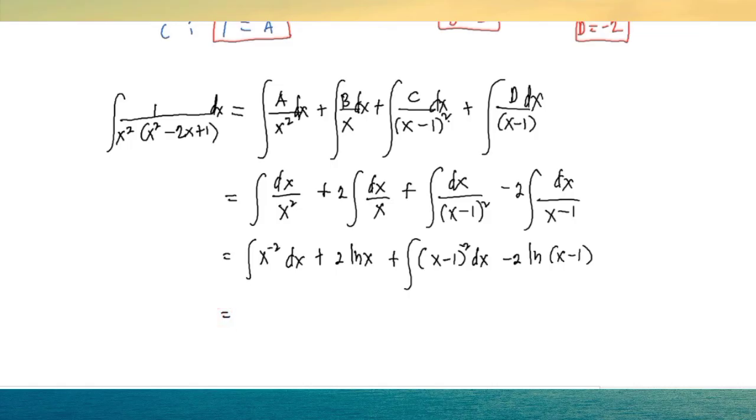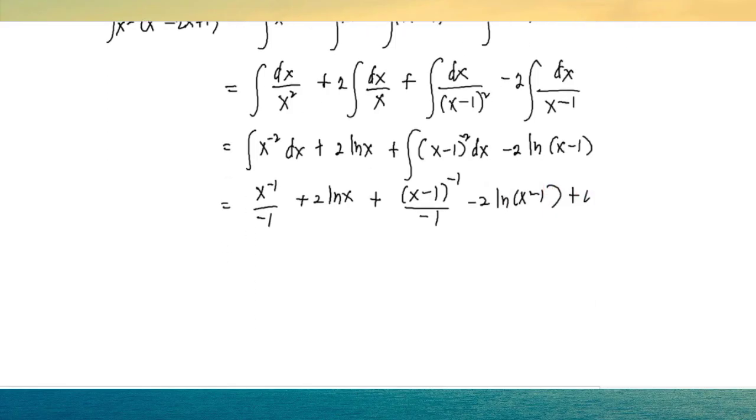And power formula, so n plus 1 over n plus 1, so that x to the negative 1 over negative 1, plus 2 ln of x, plus x minus 1 raised to negative 1 over negative 1, minus 2 ln of x minus 1 plus c.